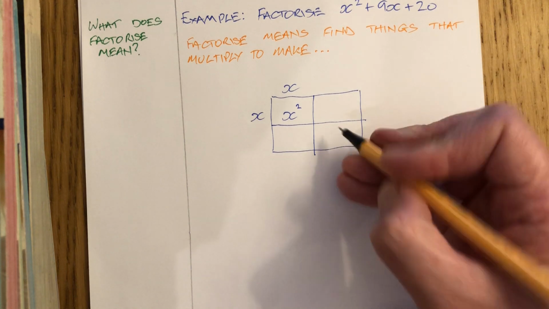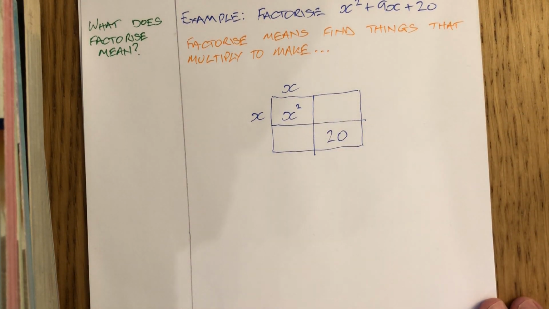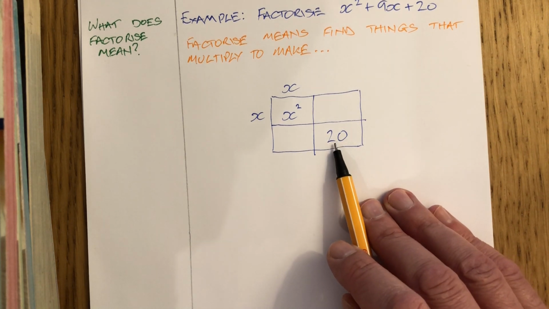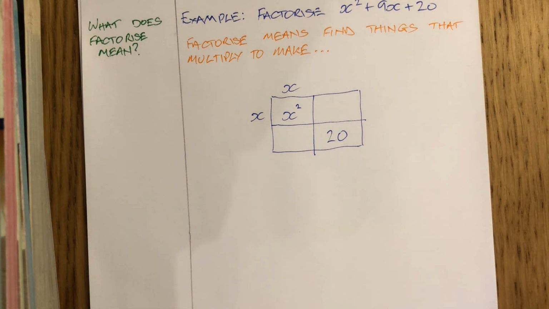The number term goes straight into that box there, and that's exactly where they were when we were multiplying out double brackets. And 20 is the result of this number here multiplied by this number here.